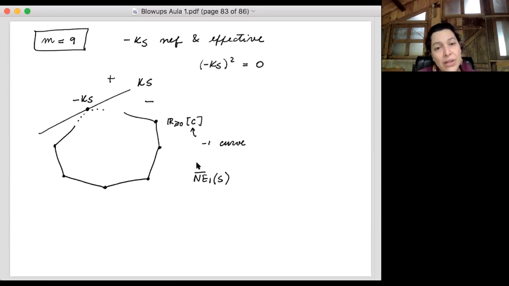The Mori cone, on the negative part of the hyperplane, is always generated by locally discrete extremal rays. These are generated by -1 curves. And then you have this accumulation point here.